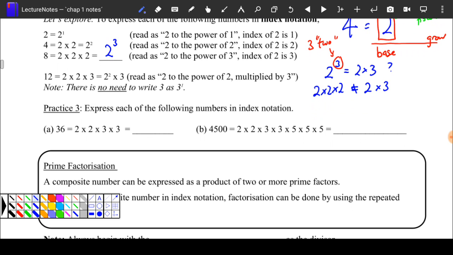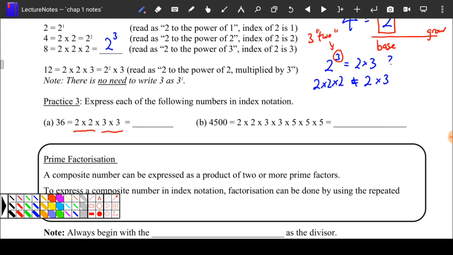So we say that 36 is equals to 2 times 2 times 3 times 3. So how do I write? Will you try? What will you write? So there are two 2s, right? So how do I write?